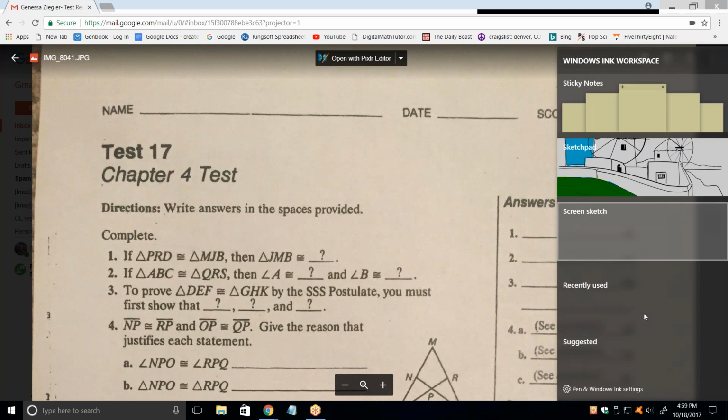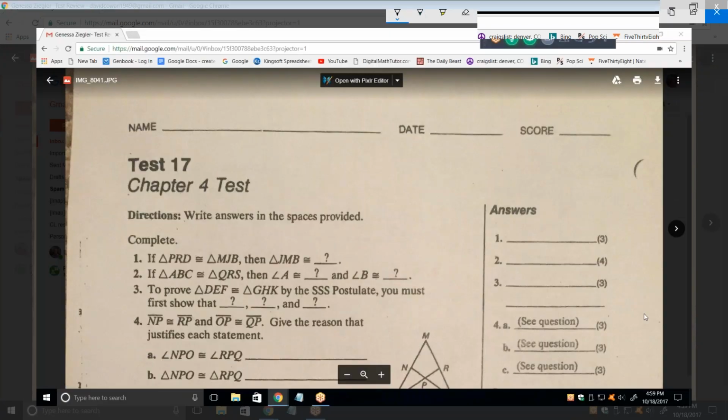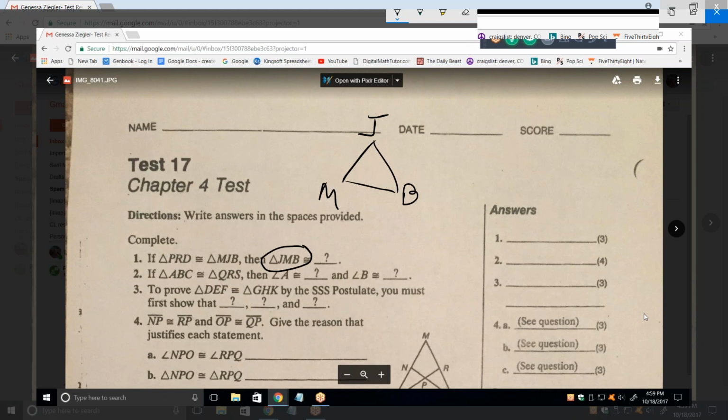If I draw a picture, in other words, if I have a triangle and I call it MJB, I could just as easily call that JMB. They're the same. MJB and JMB are the same triangles. So if PRD is congruent to MJB, then it's also congruent to JMB.